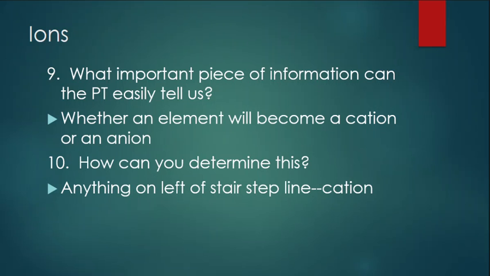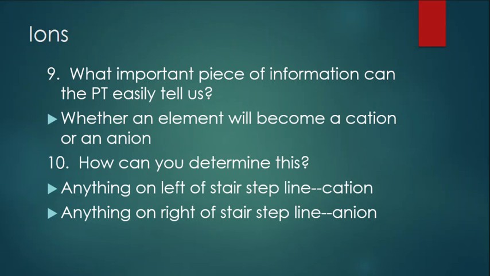Make sure that you see the stair-step line on your periodic table and that you make it darker. That is the first tattoo that you will do on your periodic table. Make the stair-step line darker so that you can see that in order for you to be positive, you have to be on the left side of the zigzag line. For you to be negative, you have to be on the right side of the stair-step line.